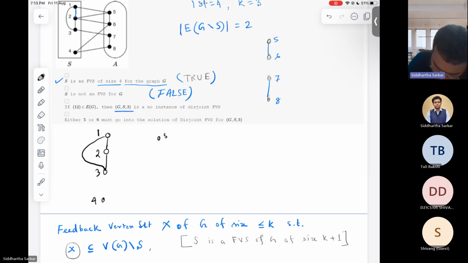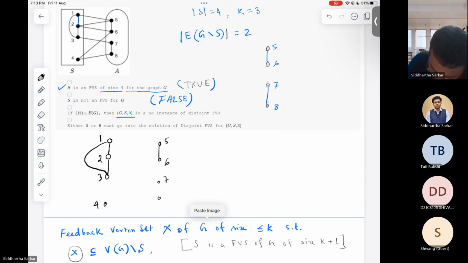5 and 6 are connected. 7 and 8 are connected. What else? And then the edges between S and A. These are the edges.